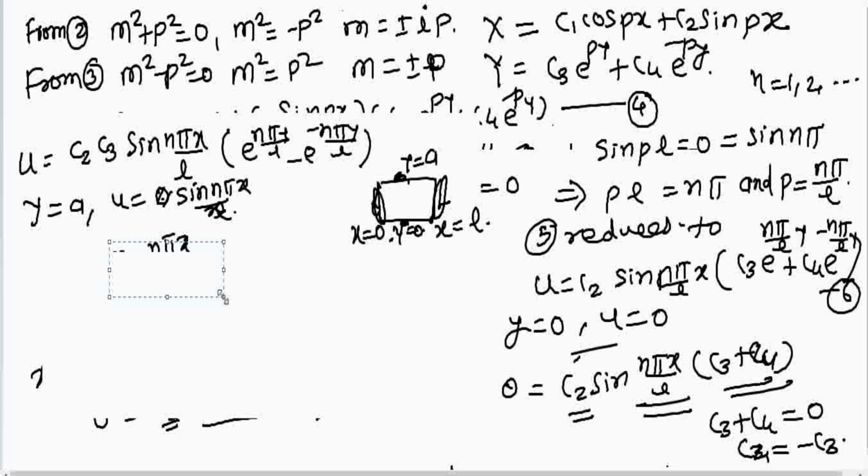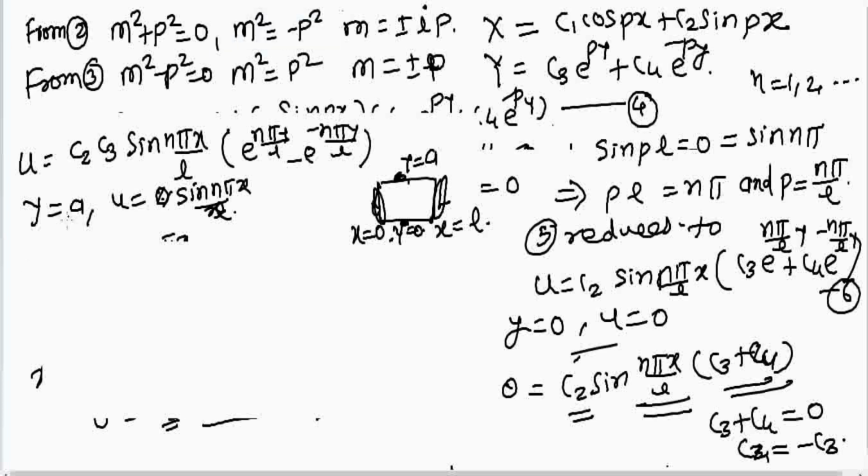So we have two constants now in this equation, C2 and C3. Suppose u equal to sine of n pi x divided by L at this point.